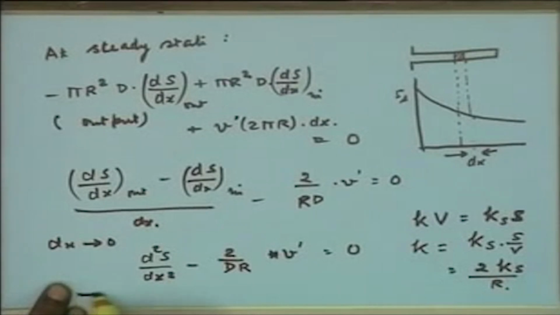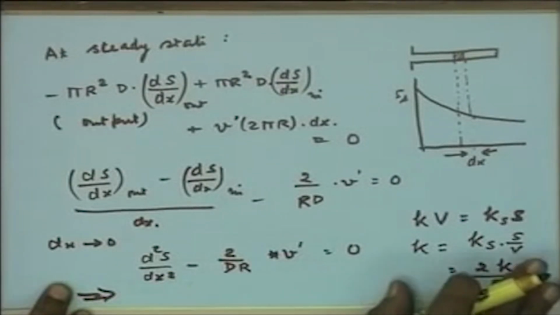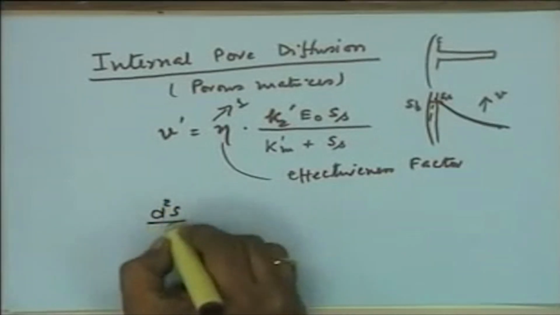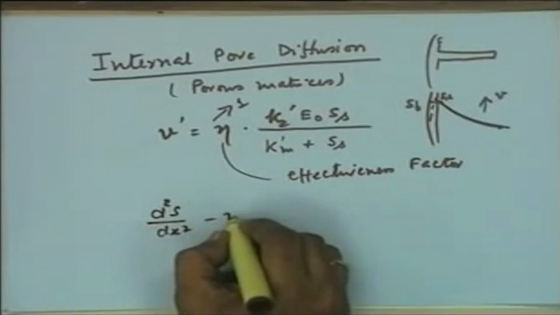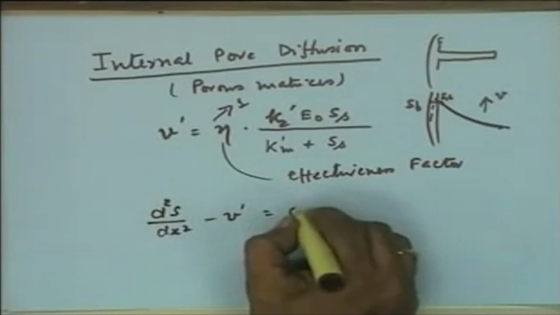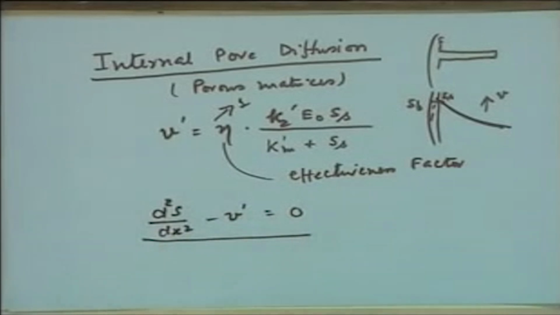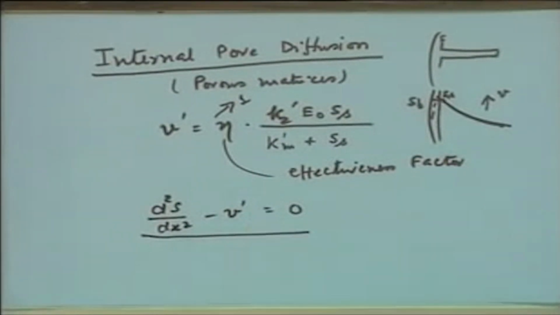So therefore one can write d2S over dx square minus k dash equal to 0 as the basic second order differential equation. If you substitute the reaction rate term depending on the nature of the reaction, either by assuming first order kinetics, zero order kinetics, or even Michaelis-Menten kinetics, you can get the solution.